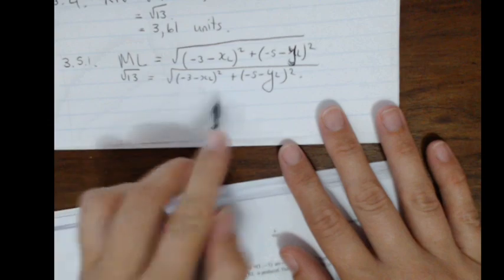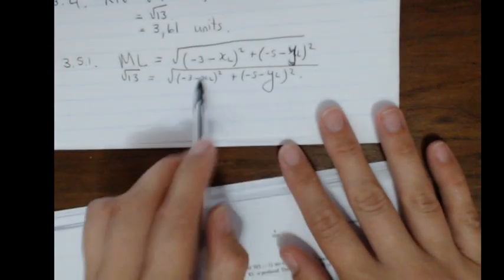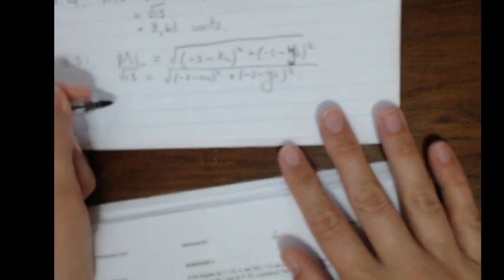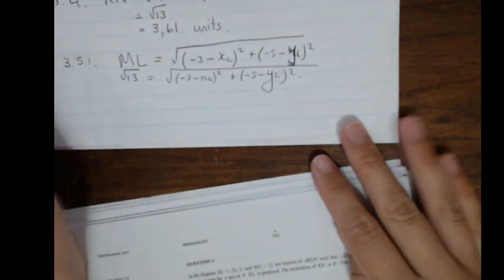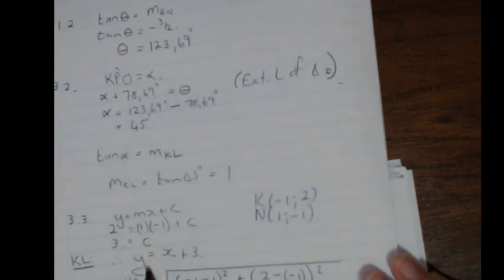This is one equation in terms of XL and YL, but then I also know XL and YL lies on the line KL, which I calculated the equation of as y is equal to x plus 3.